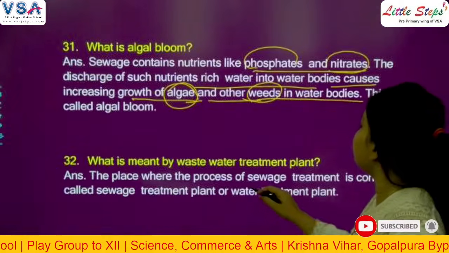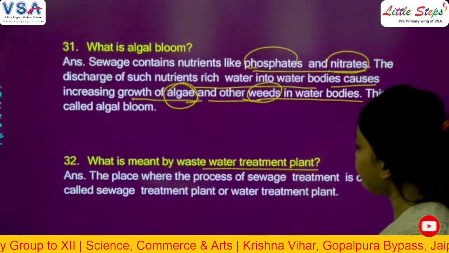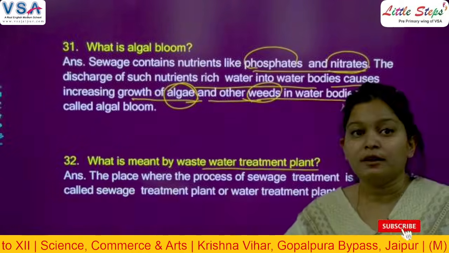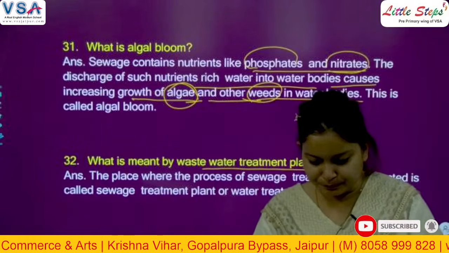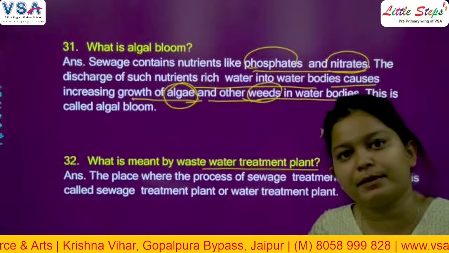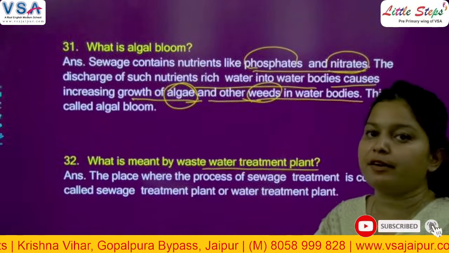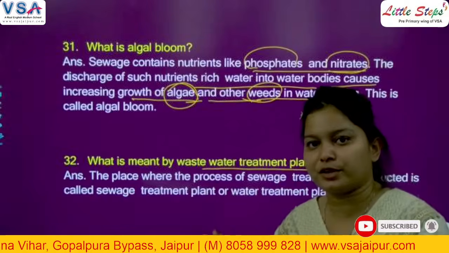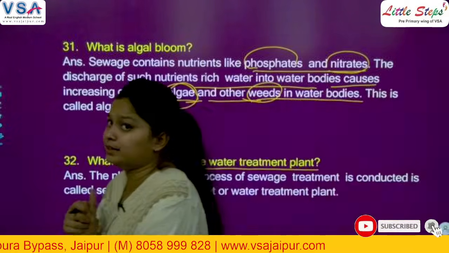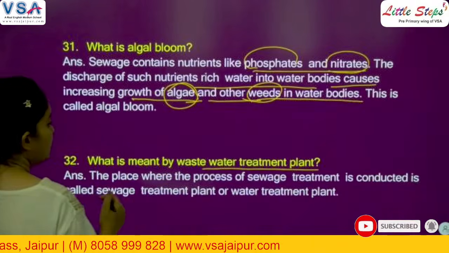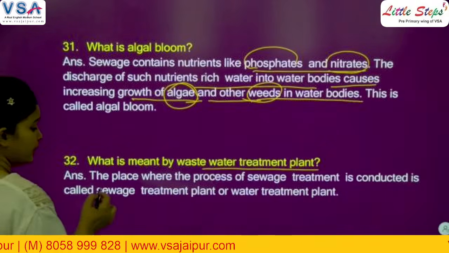What is meant by wastewater treatment plant? As you know, there are three types of wastewater treatment. Step 1 is primary treatment, step 2 is secondary treatment, and step 3 is tertiary treatment. This is how we recycle or treat wastewater.